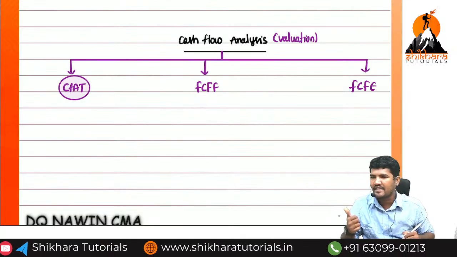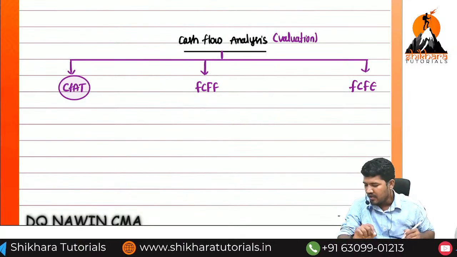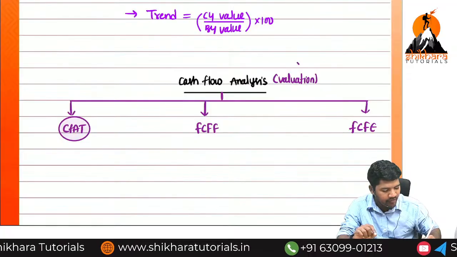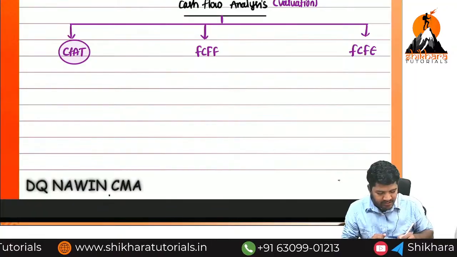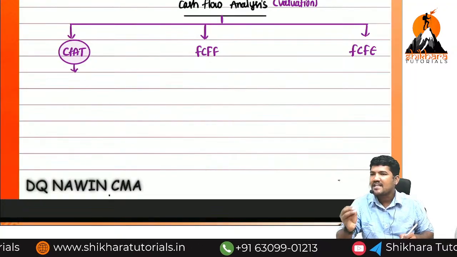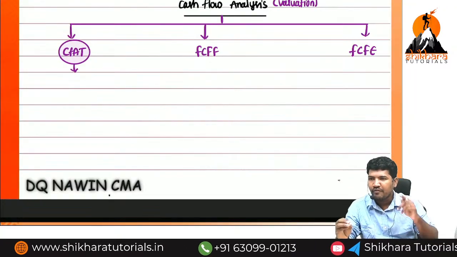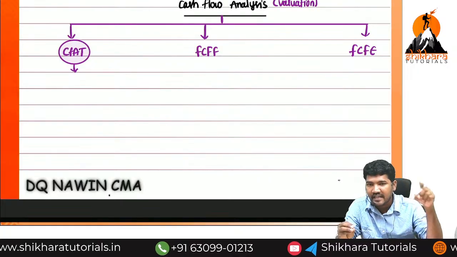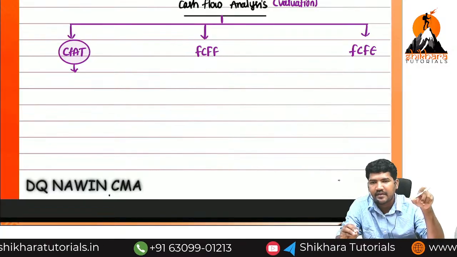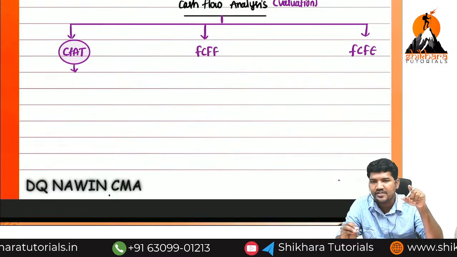Now I think you know this CFAT. In previous classes we discussed it from the capital budgeting point of view. Here I am not talking about capital budgeting, I am talking about the valuation point of view. The word CFAT means cash in the hands of the company before payment of capex, debenture holder settlement, and equity shareholder settlement. Hope you understand.